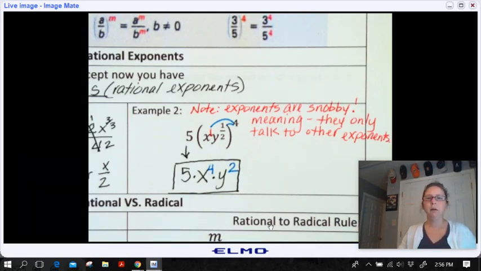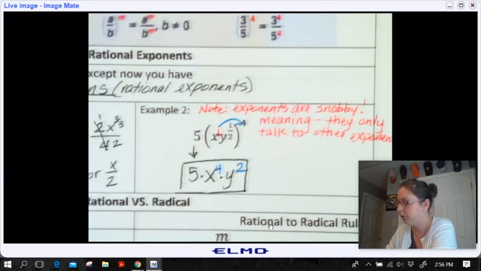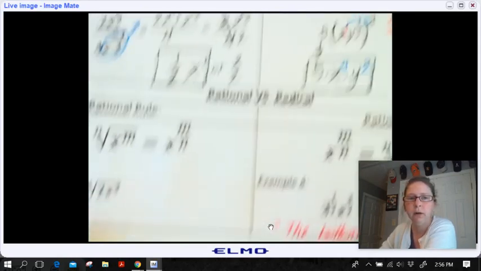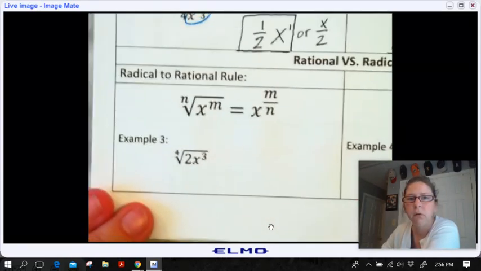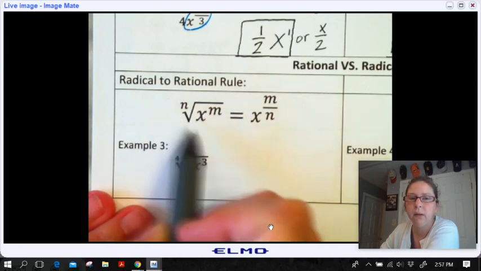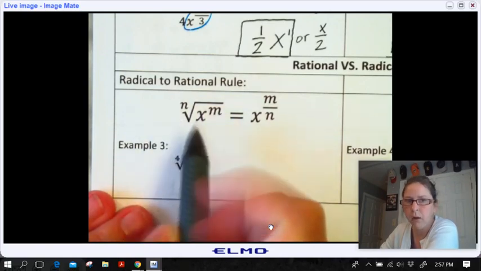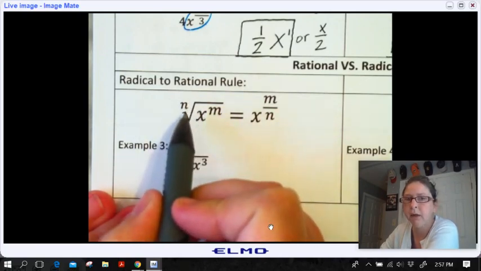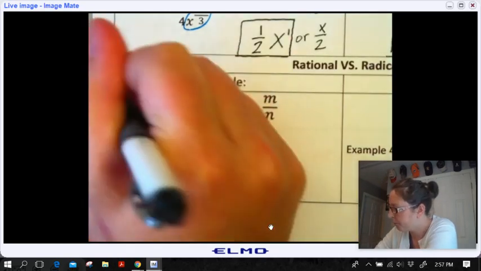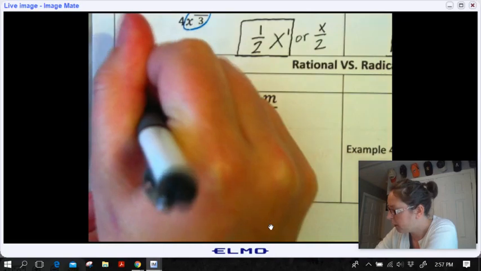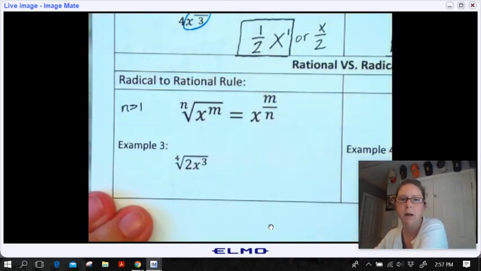Let's take a look at what's going to happen when we see radicals. So here's what a radical looks like. N can be any number greater than 1.